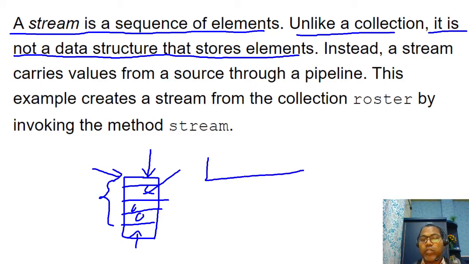A stream is a sequence of elements that come from a data source, maybe a data structure, a file system, or any other source.